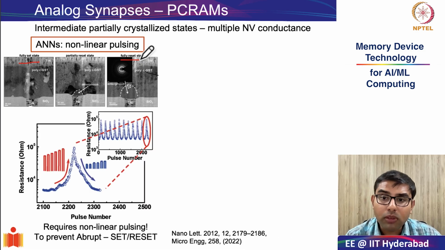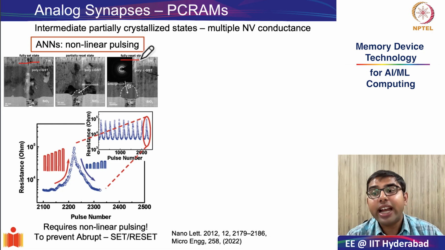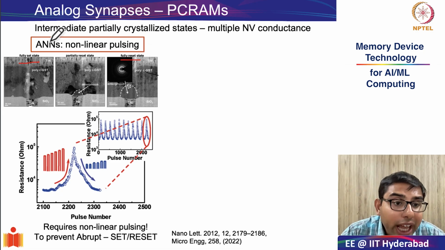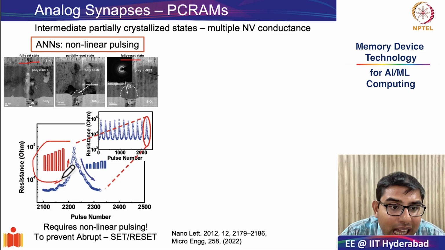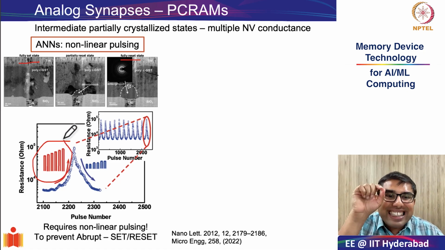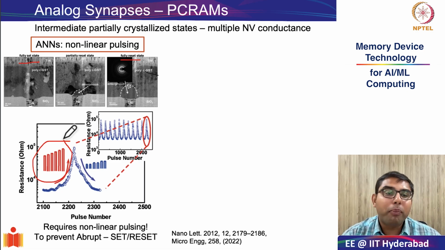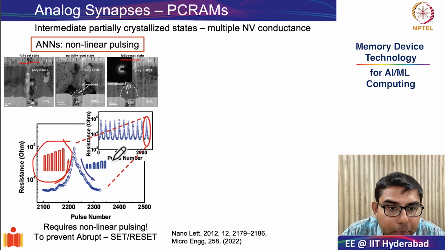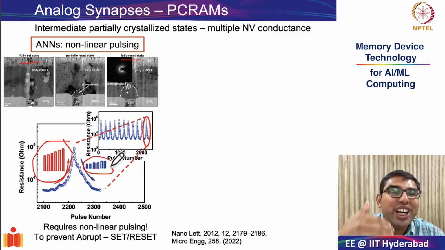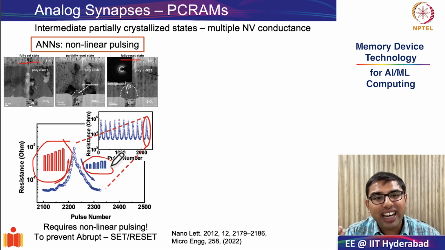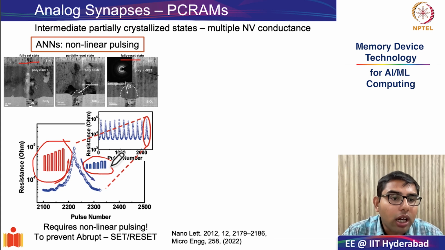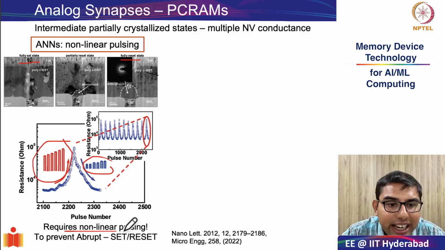Now, in the context of ANN type learning, these states are typically programmed using non-linear pulses. Ideally, you would want the same identical pulses to create potentiation and depression, but as you can see, because the behavior of partial crystallization and recrystallization is also non-linear, in order to get reasonable weight updates, you need to have non-linear pulsing.